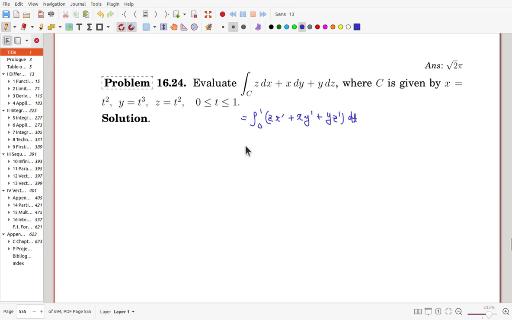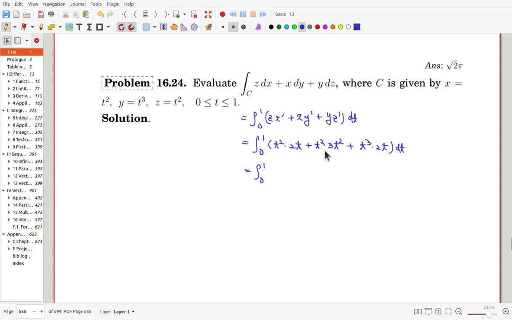Okay. Now for this one, that's the integral from 0 to 1, z is t squared, and x prime is now 2t, and x is t squared, and y prime is 3 t squared, and plus y is t cubed, and z prime is 2t. Okay, so we have here from 0 to 1.